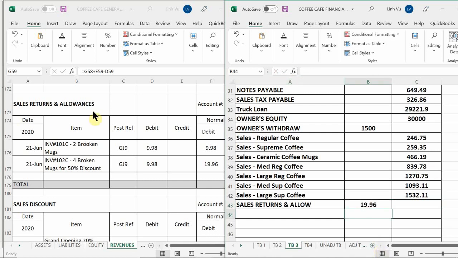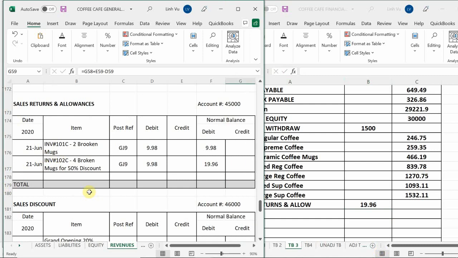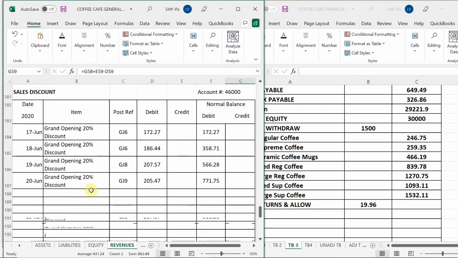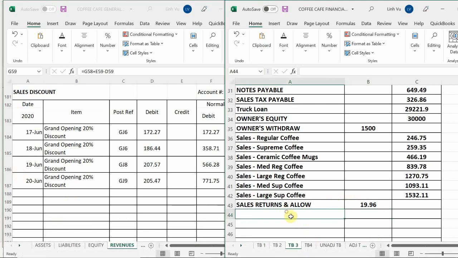Okay. And then we have a sales discount, which is also on the debit side. Okay. For how much? 771.75. Okay.